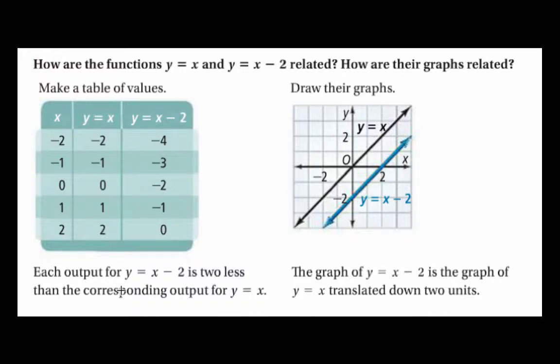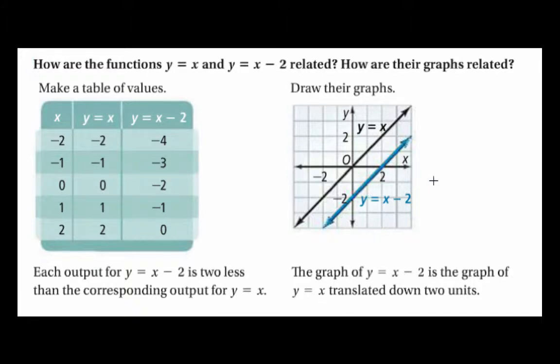Each output for y equals x minus 2 is 2 less than the corresponding output for y equals x, and that makes sense because we're substituting in x, we're subtracting 2, that's going to give us output values that are 2 less. The graph here in this black line is y equals x. The blue line is y equals x minus 2. All right? So y equals x minus 2 is the graph of y equals x translated down 2 units.